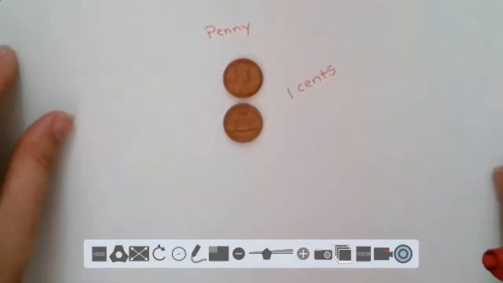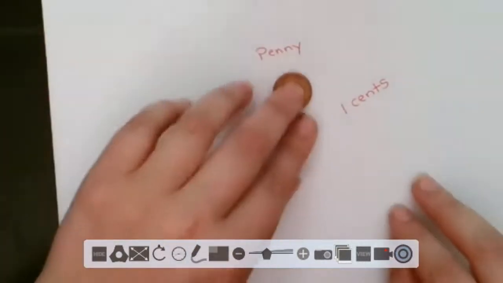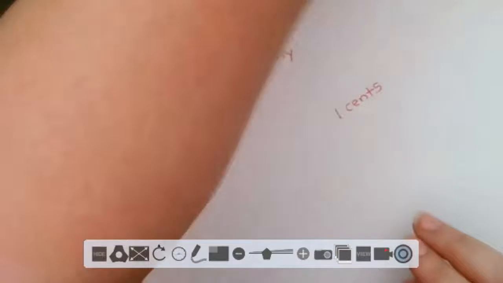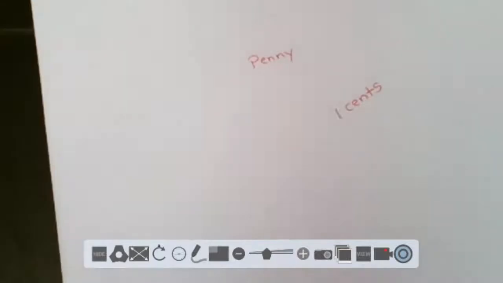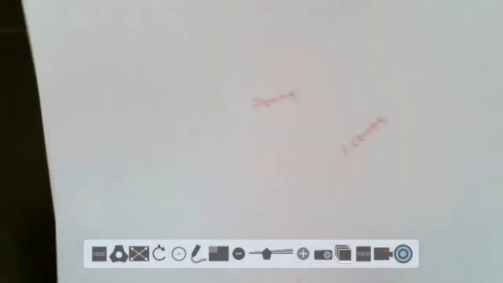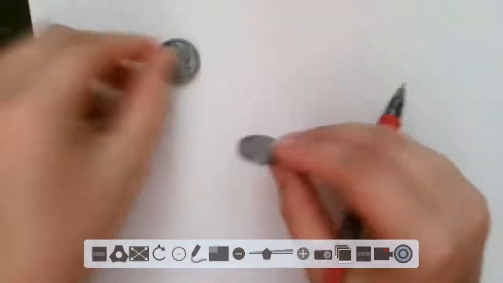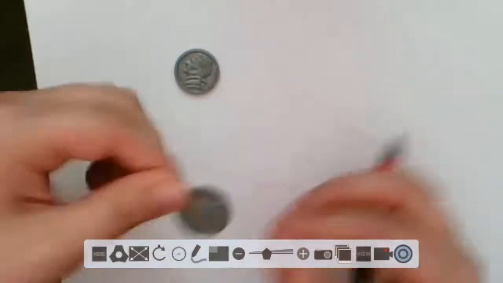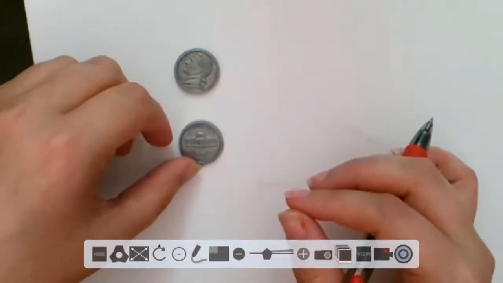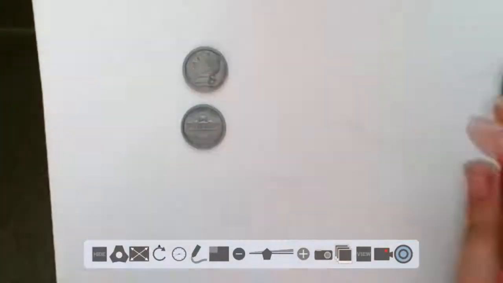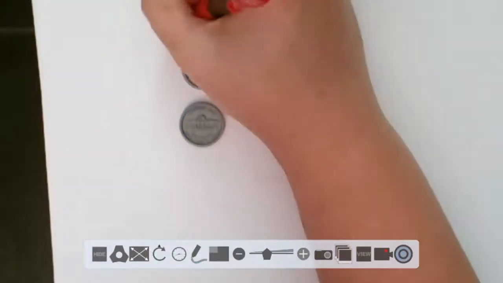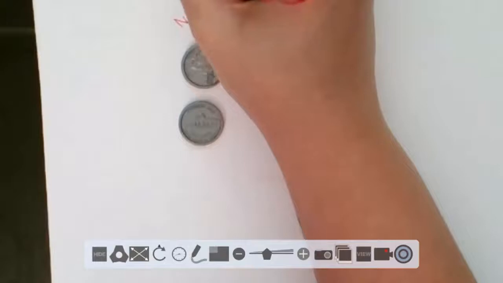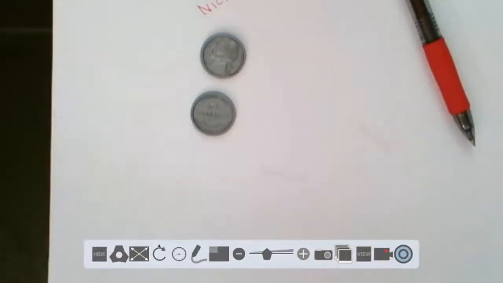Now the next coin we're going to look at is our nickel. And on our nickel, we have another important historical figure.